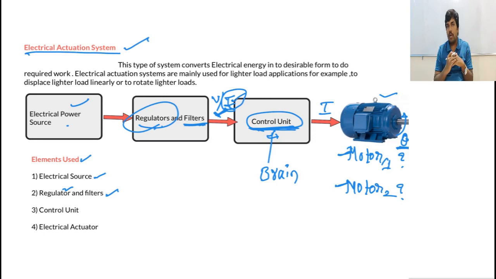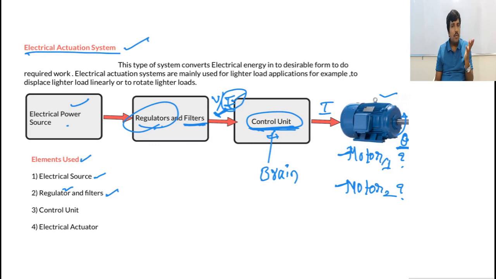That's the first thing. Second, in all four cases we have the energy source first, then some purification and regulation is required, and then the energy is channelized to the required load by the control unit. So this is the whole theme of the actuation system.